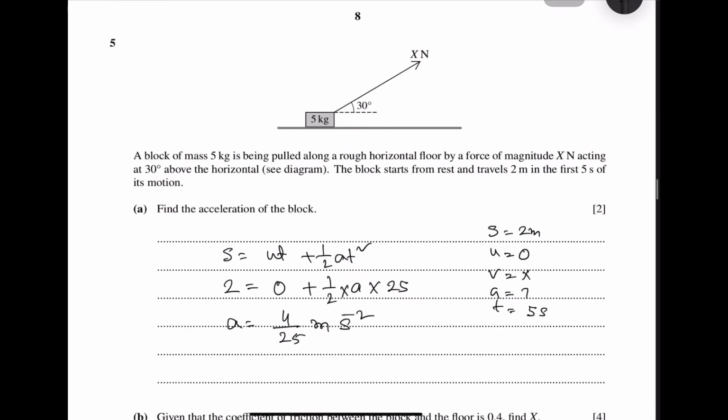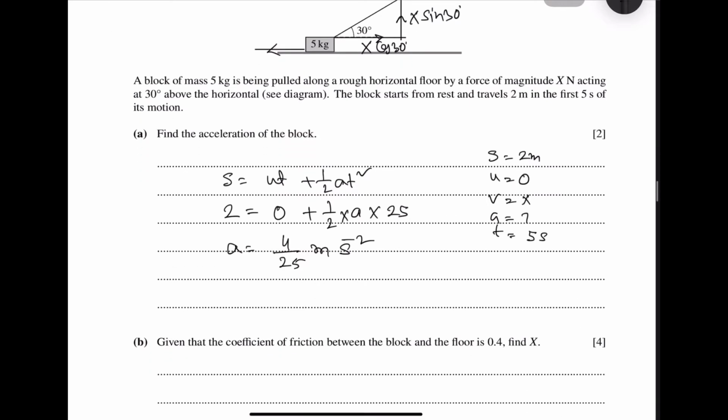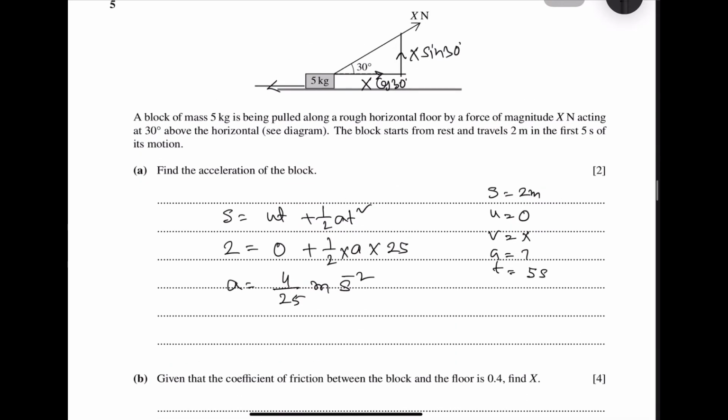Okay, it is now necessary to resolve this. This is x cos 30 degrees, this is x sin 30 degrees, and there is friction, which is mu R, 0.4 R. The normal reaction is R, and this is 5g.